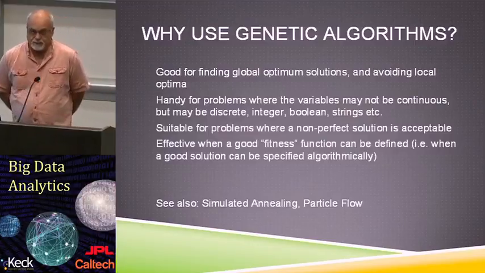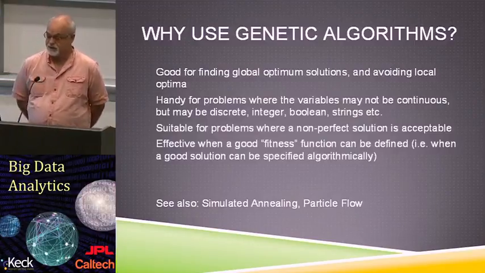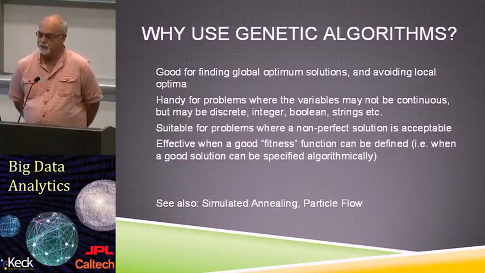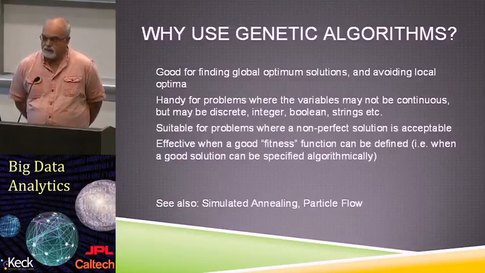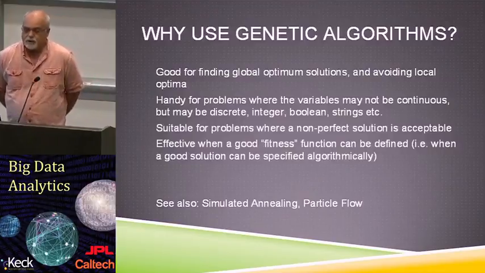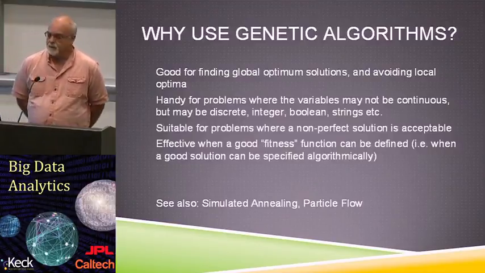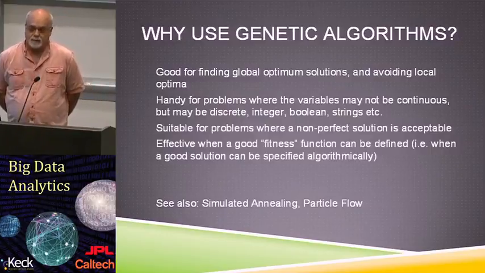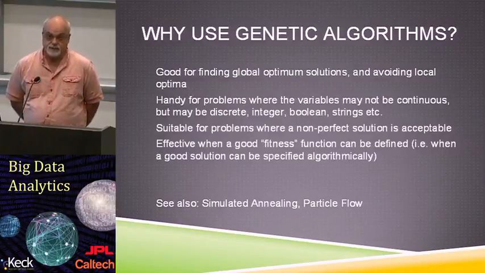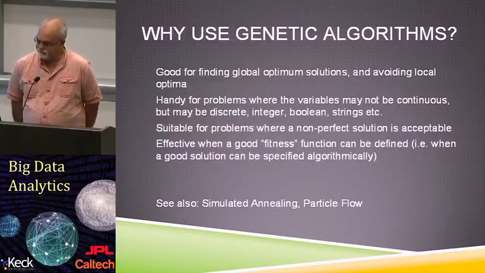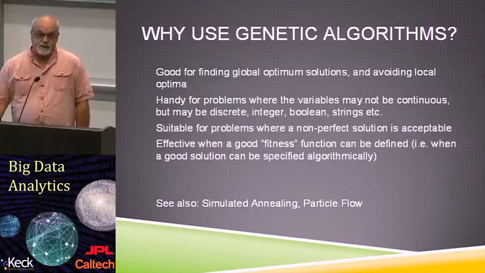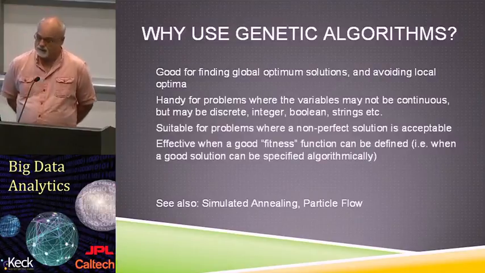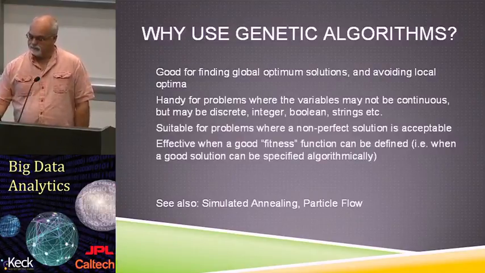They're very suitable for problems where a perfect solution is not required, so you're not looking for the solution, but you're looking for a solution which is good. And they're most effective when a good fitness function can be defined. In other words, you can define how well a particular algorithm is performing in your problem. Other examples of this sort of approach are simulated annealing and particle flow.